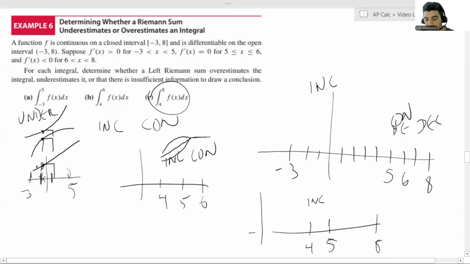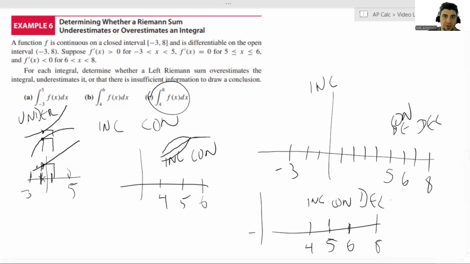And then it's constant on the interval 5 to 6. And then on the interval 6 to 8, it's decreasing. So we can't actually draw a conclusion about the relationship between the left Riemann sum and the true value. So it's impossible to determine whether it would overestimate or underestimate.